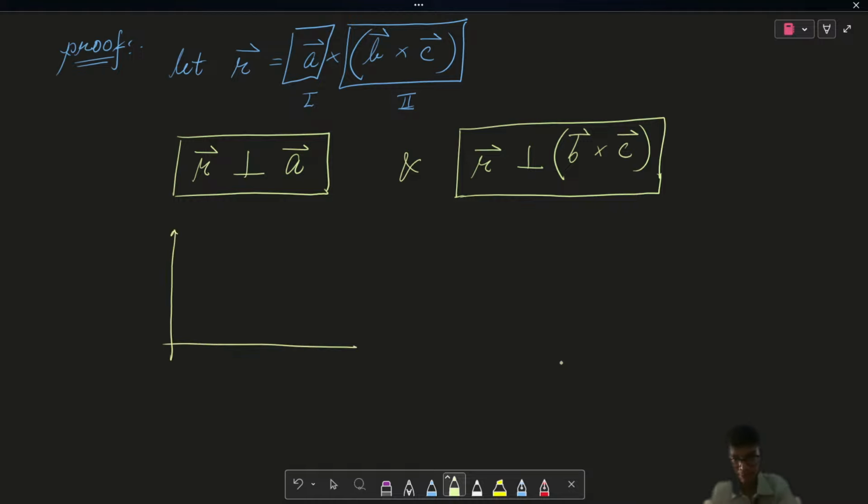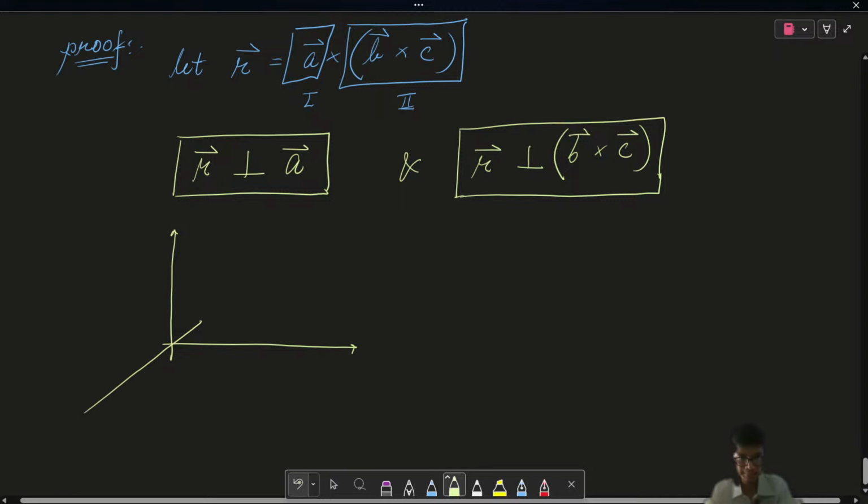So let me first draw the x, y and z axes to give you a better understanding. Let's say this is my x, this is my y and this is my z axis, right?